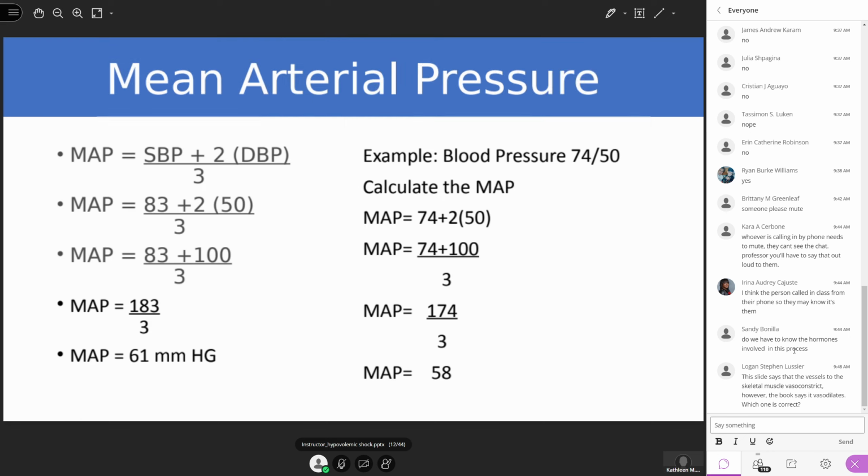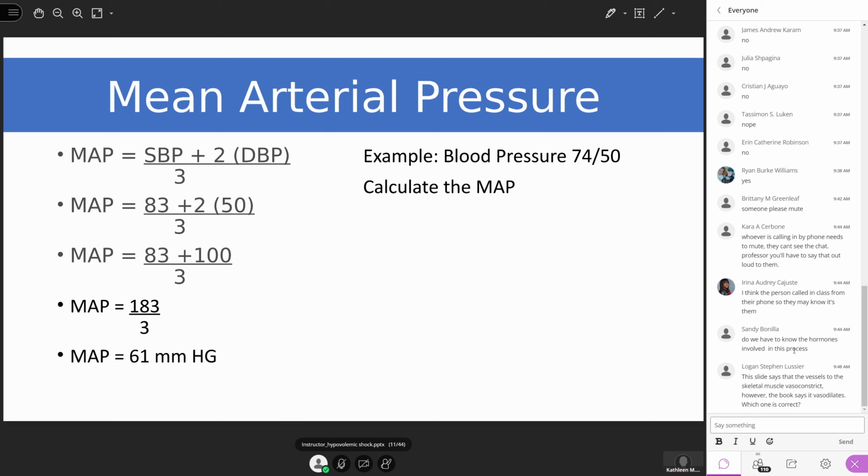Oh, sorry, hold on. I think I gave you the answer. Sorry. So this one, 74 over 50. See if you can calculate the mean arterial pressure. I'll ask you to answer, but don't answer directly.